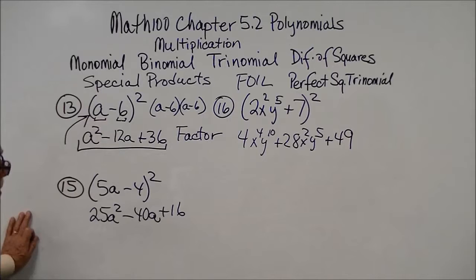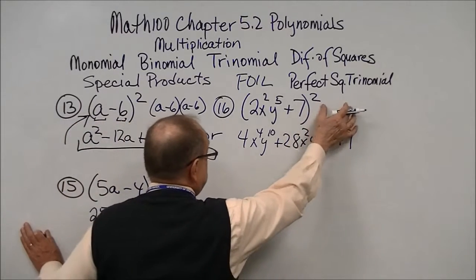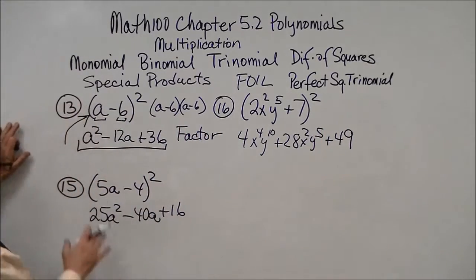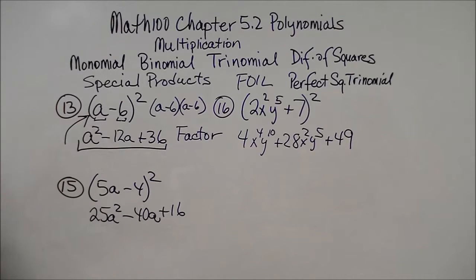And that's the answer to number 16. And this is a perfect square trinomial. Again, ours are going to be more in the easier range. They do have some in our little booklets that are a little more challenging.